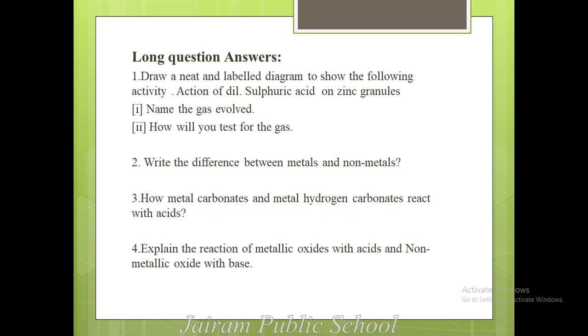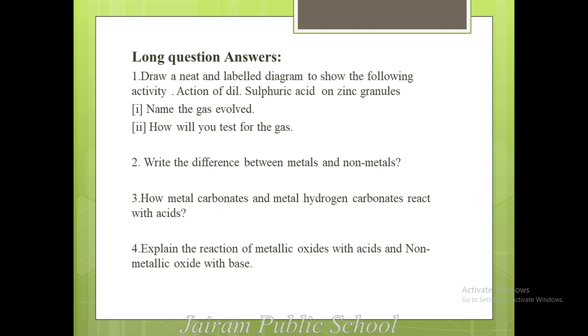Take a small amount of copper oxide in a beaker and add dilute hydrochloric acid slowly, and stir it with the help of a glass rod. Note the color of the solution and what happened to the copper oxide, how it is converted, that you have to write. When metallic oxides react with acids, what will be the product? The product is salt as well as water.